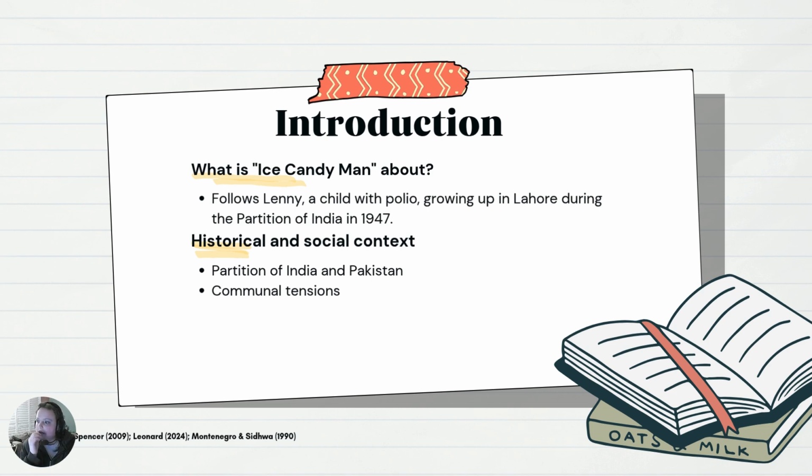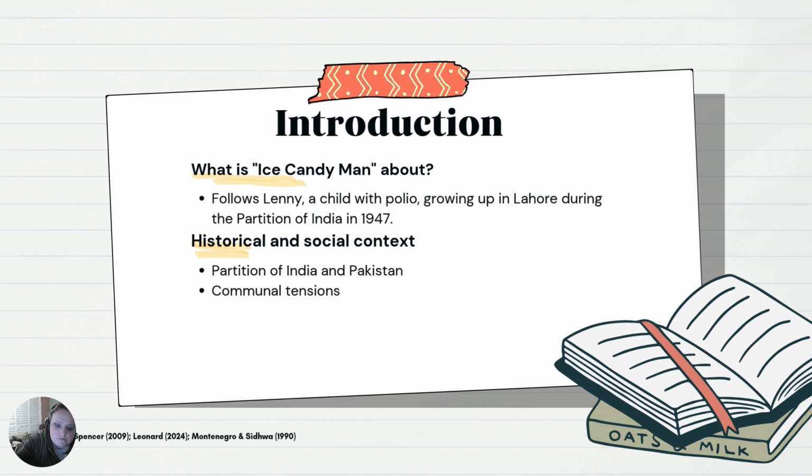So, introduction. What is Ice Candyman about? It offers a poignant portrayal of the partition of India in 1947. It follows a Parsi girl called Lenny who has polio, who lives in Lahore, a city marked by its multicultural community of Hindus, Muslims, Sikhs, and Parsis.